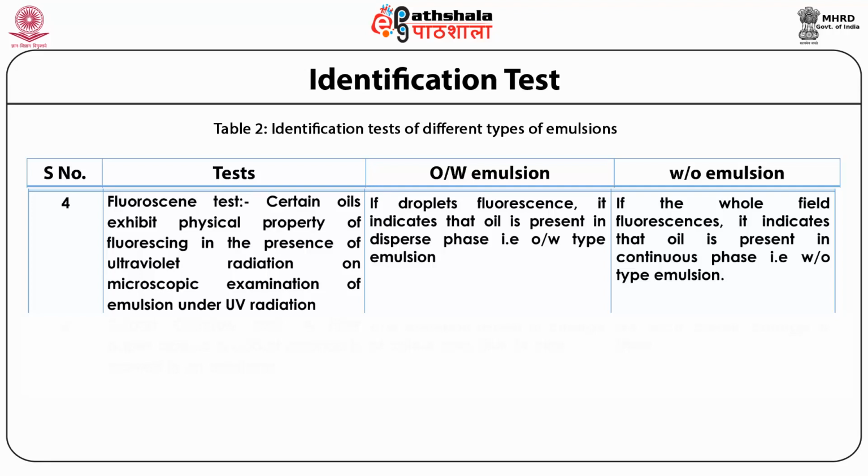In case the droplets fluoresce, when seen microscopically, it indicates that oil is present in the dispersed phase and therefore it can be concluded that the emulsion is an oil in water type of emulsion. If the whole field fluoresces, it clearly indicates that oil is present as a continuous phase and the emulsion is a water in oil type of emulsion.